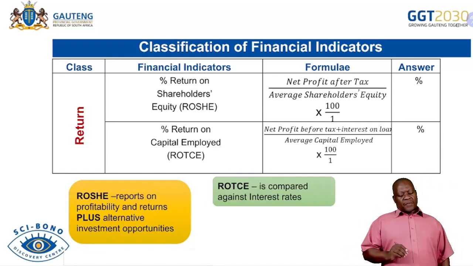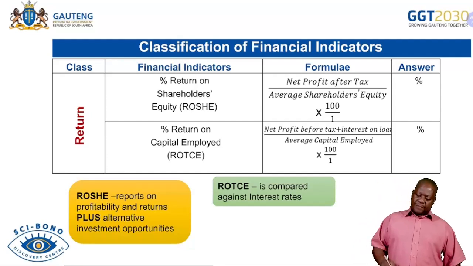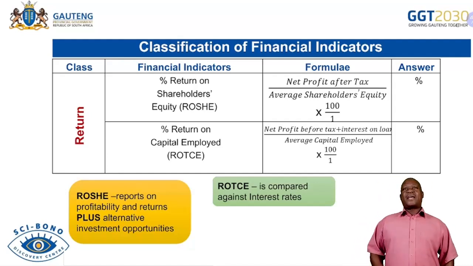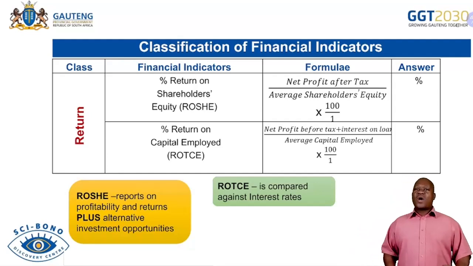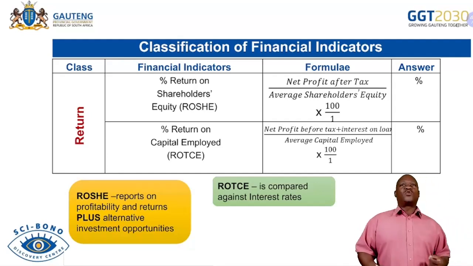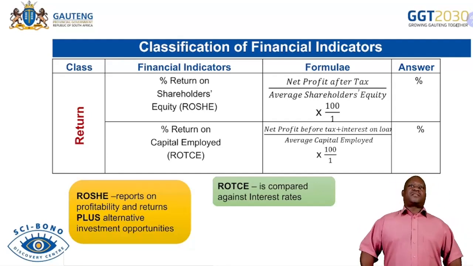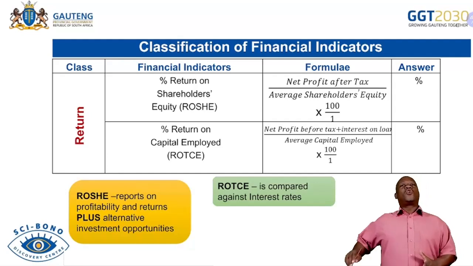Now, the return on capital employed is compared against the interest rate. Remember, this one also helps us to look into how risky our business is. So if the return on capital employed is 10%, and then the interest on loan somehow is 15%, what does that mean?